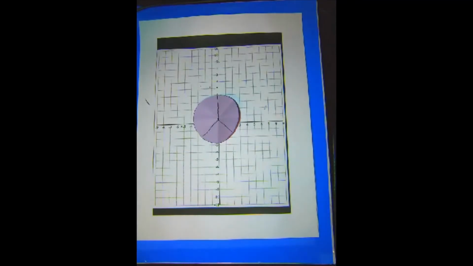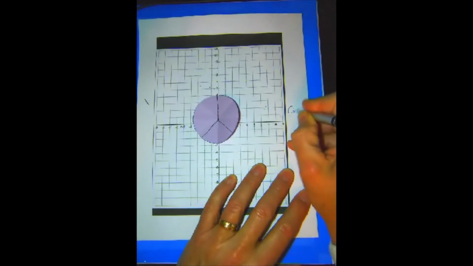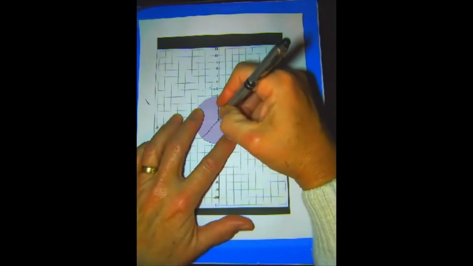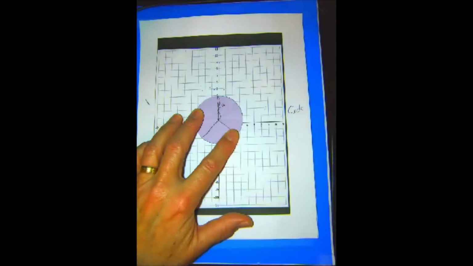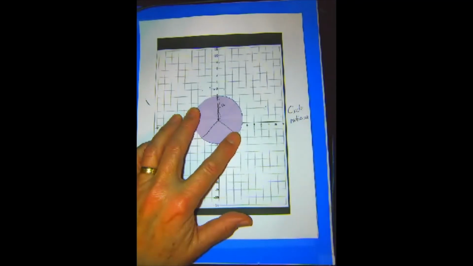So let's go ahead and make a little note over here about the circle. One of the things we know is that if we were to label one of these radii, let's just call it A, so we'll have A there. Every radius will equal A. And there's an infinite number of lines of symmetry.